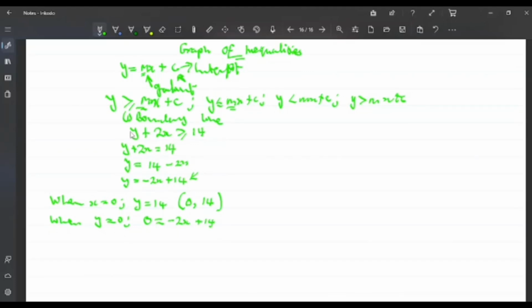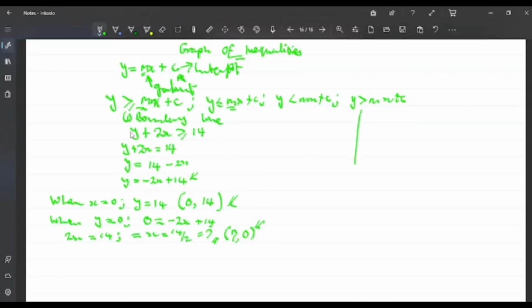So in this case you make x the subject of the formula, then x becomes 14 divided by 2, which is equal to 7. Now we have the second point: our x is 7 and y equals 0. Don't forget, you always write x first. This has given us our boundary points.